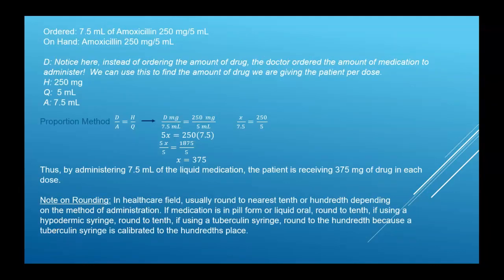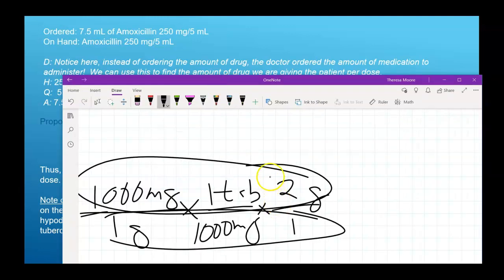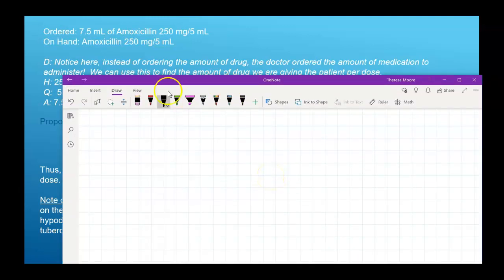Okay, so let's try this one. Now this one is a little bit different. The doctor actually ordered the amount to administer. He's saying give 7.5 milliliters of amoxicillin. The amoxicillin is 250 milligrams to 5 milliliters.